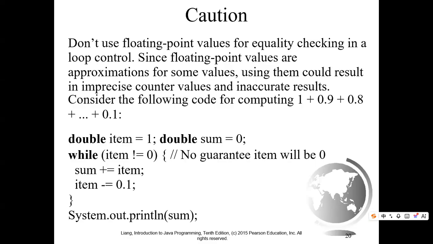For example, consider 1 plus 0.9 plus 0.8, something, until 0.1. While item is not 0, there is no guarantee item will be 0 here. It will continue summing the item and subtracting 0.1 from the item, and after that, you will print some value.